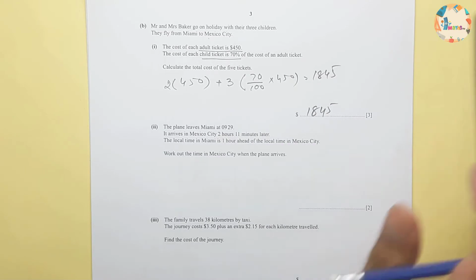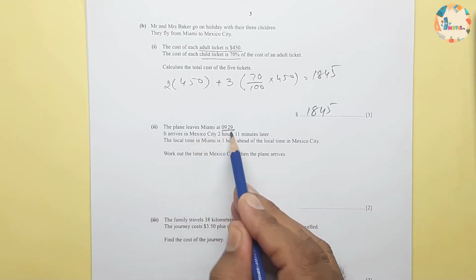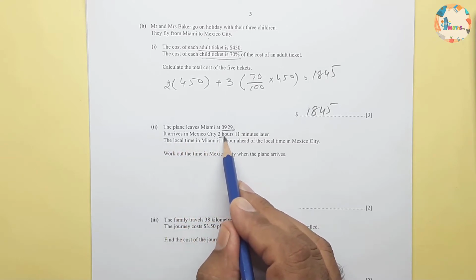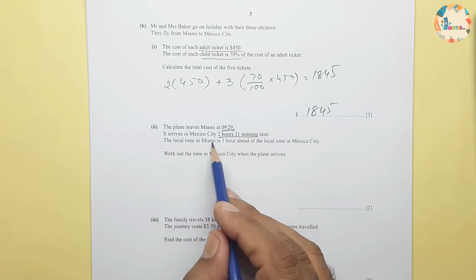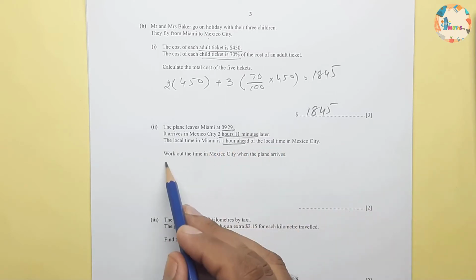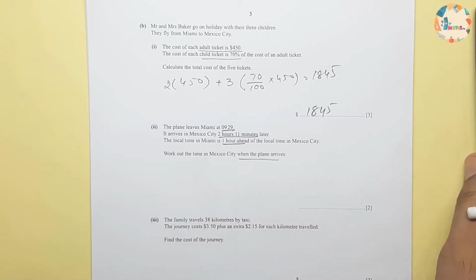Then the plane leaves Miami at 9:29. It arrives in Mexico City 2 hours 11 minutes later. The local time in Miami is 1 hour ahead of the local time in Mexico City, and we have to calculate when the plane arrives.